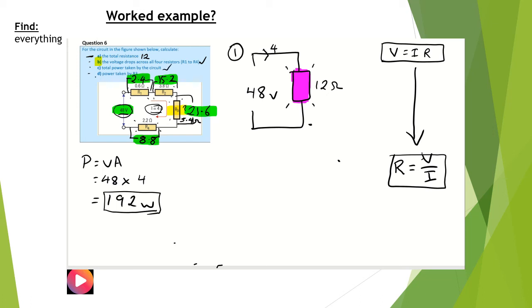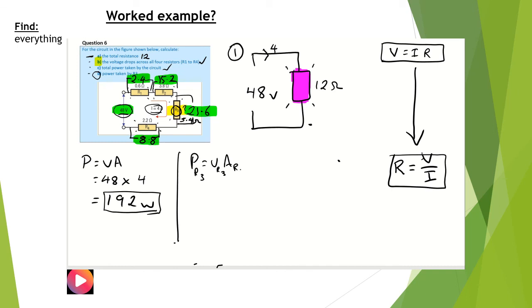So the last question is power taken by R3. This is R3 here. So power is equal to volts times amps, and this is PR3.